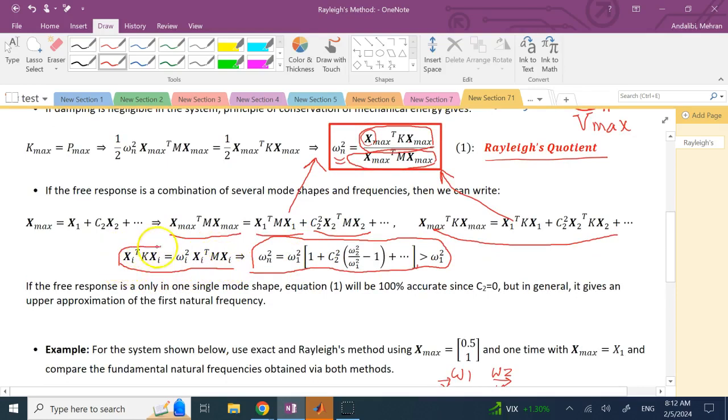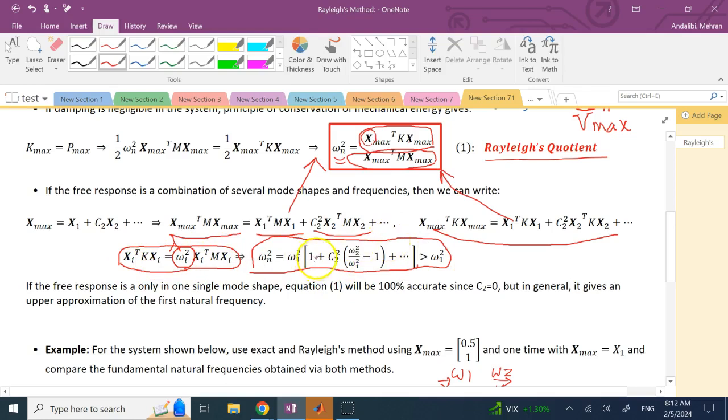This comes from the definition of the eigenvalues and eigenvectors, right? If the omega i's and xi's are eigenvalues and eigenvectors, with the omega squares being the eigenvalues lambda and the x's the eigenvectors, then we can write this relation between them. We know that's the solution, and so you get this equality.